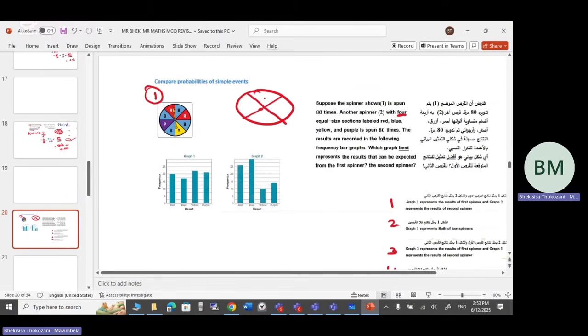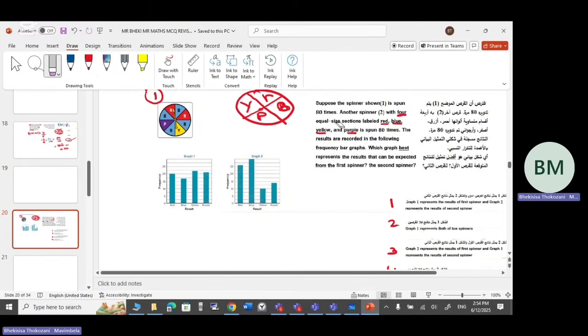It has red, blue, yellow, and purple. So yeah, 1, 2, 3, 4. This one is also spun 80 times.